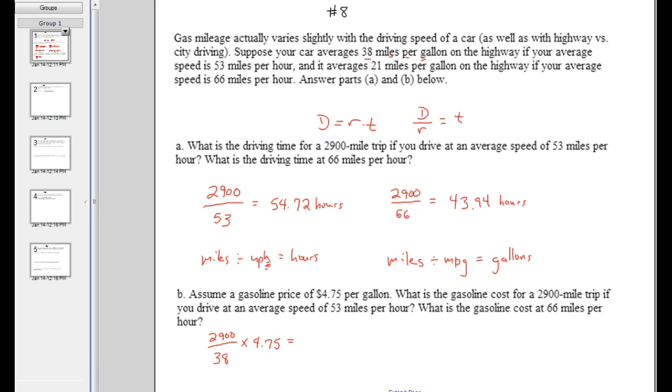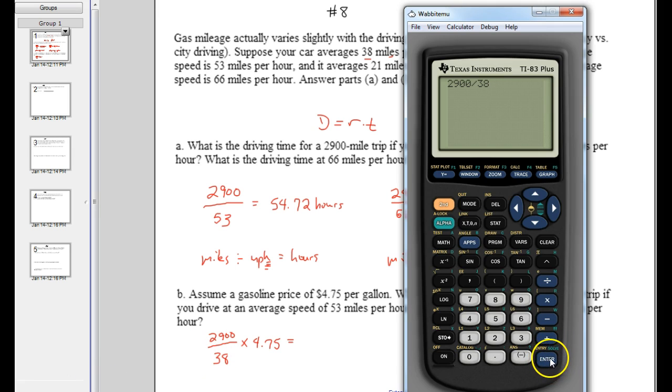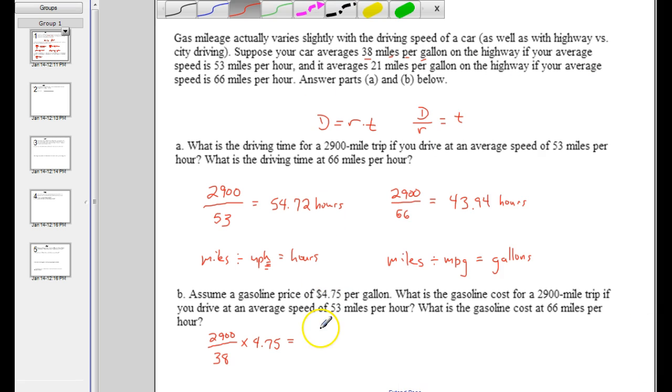So let's see what the cost is. 2,900 divided by 38 is 76.3. That's how many gallons I'll need to travel this distance. And then if I spend $4.75 for each gallon, that's $362.50 is how much it's going to cost if I average 53 miles per hour.